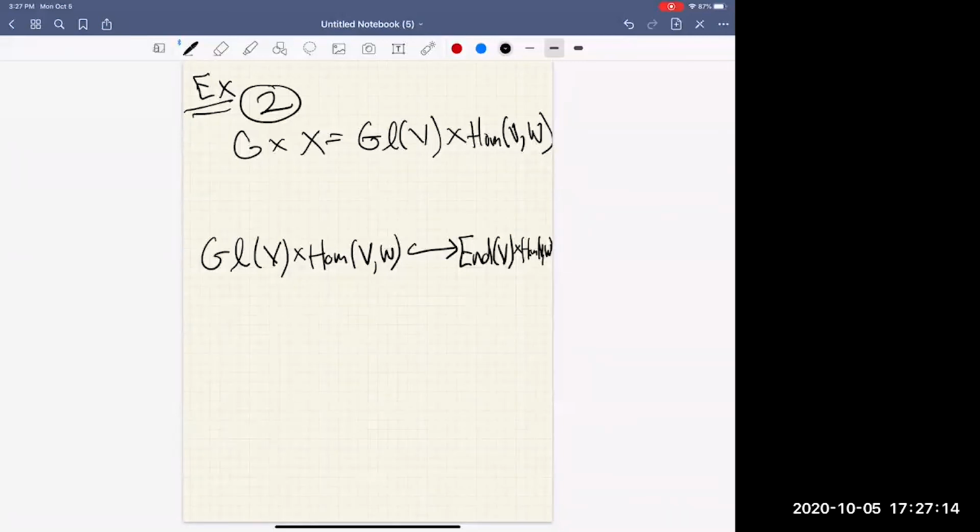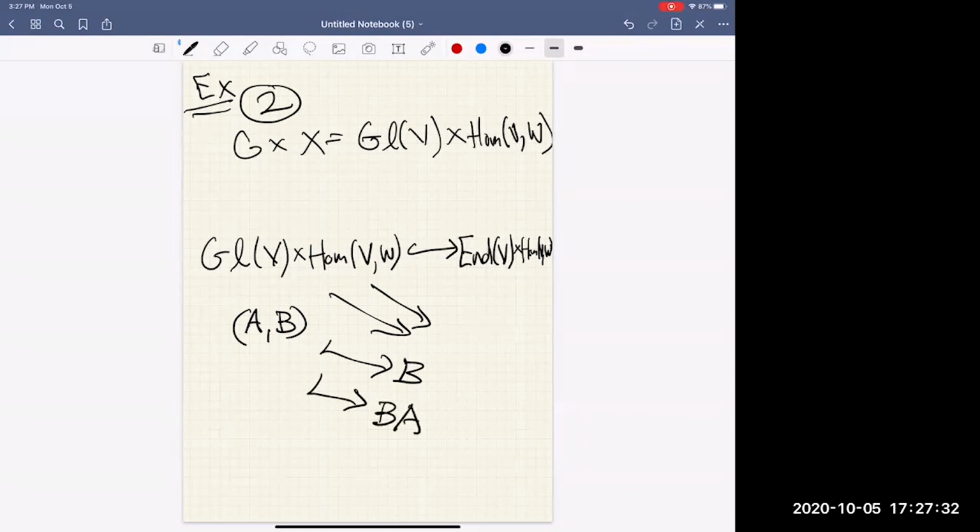And then this map took a matrix A comma B. There were 2 maps. I could send it to B, or I could send it to BA, the way I've written things. And I can do the same thing here. So this naturally extends. This was P, this was S, but the same definition works for P tilde and S tilde.